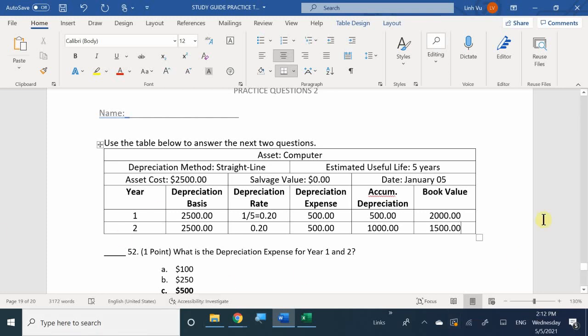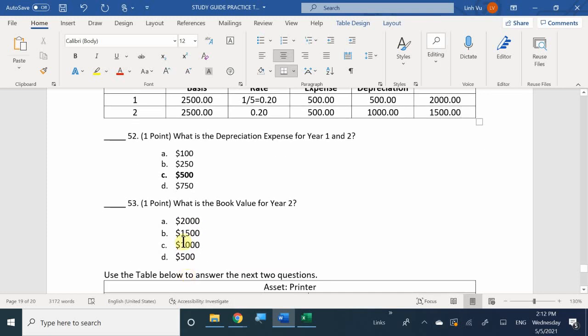You take your asset cost of 2,500, subtract out the accumulated depreciation to get 1,500. So that answer is B. Once again, I can ask either of these two questions: what is the depreciation expense, and what is the book value for year X, whatever year I ask you.